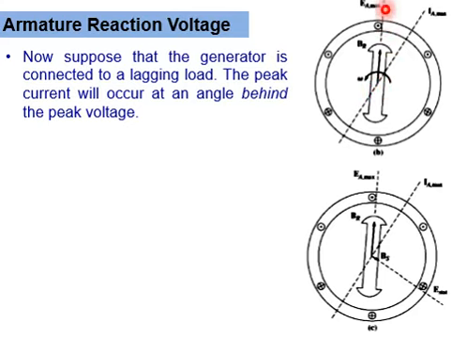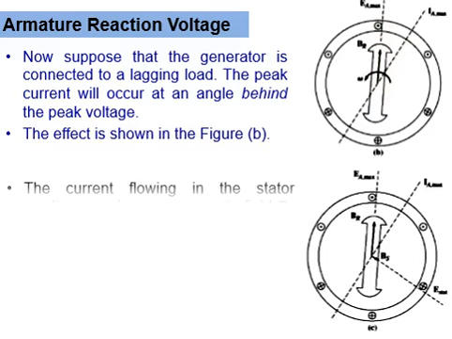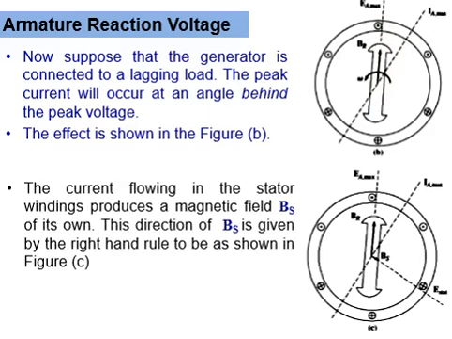If this is the peak voltage, this is the peak current, which is occurring at an angle behind the peak voltage. The effect is shown in figure B.